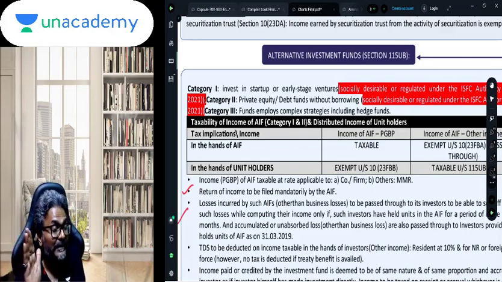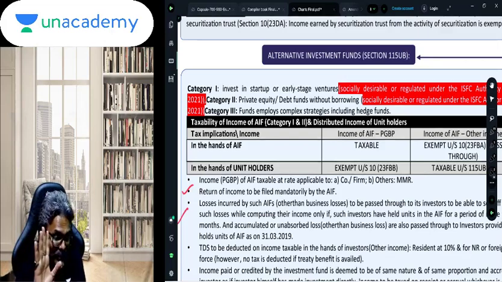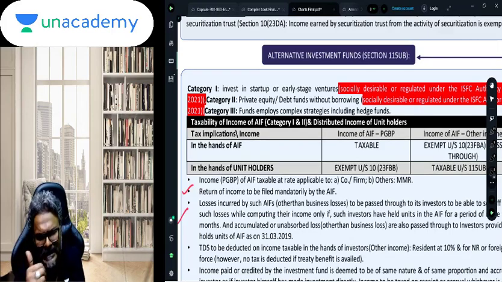But it is AIF 1 and AIF 2 where there is a concept of pass through. But unlike in the case of securitization trust, where there was a complete pass through concept available, here in the case of AIF 1 and AIF 2 the pass through concept is only partial.